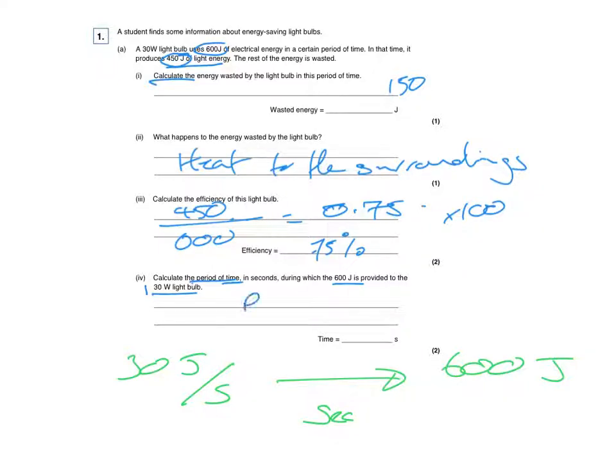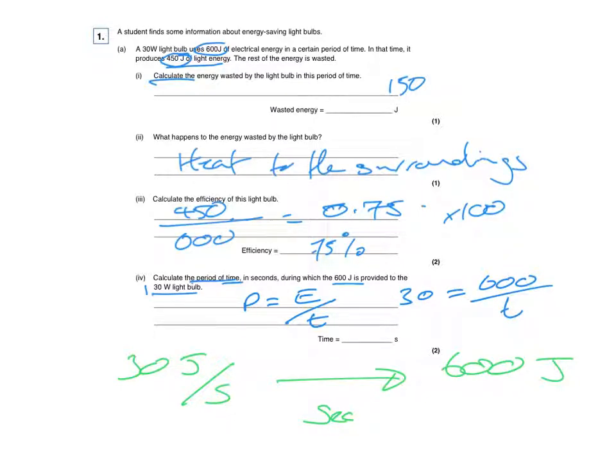If we write down our equation, power is the rate of energy transfer, so it's energy over time. And we substitute in, we have 30 equals 600 over T, which I don't know and want to find out. We now want to find T. I've got to leave T on its own, but I can't really leave it on the bottom, because that'd leave me with an equation that says a number equals 1 over T, and that doesn't make any sense.